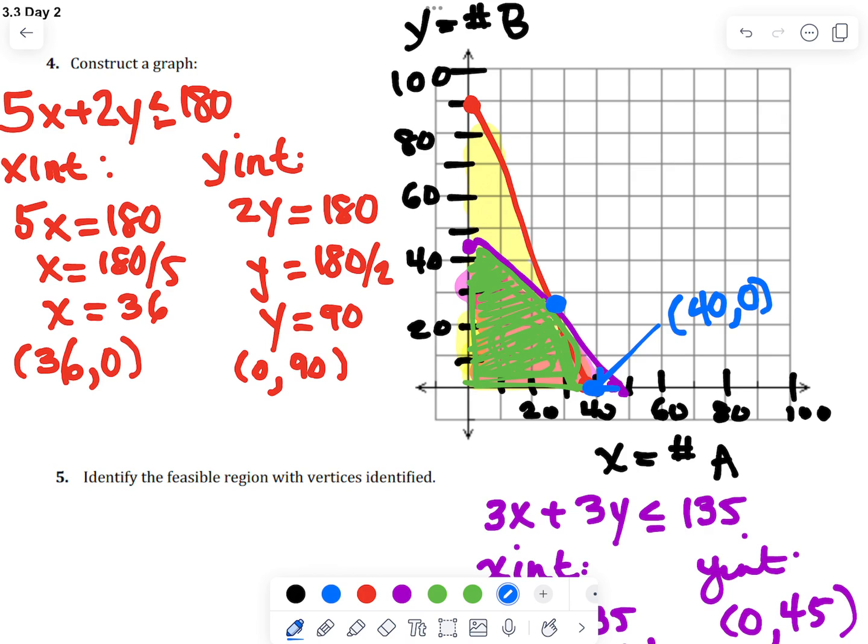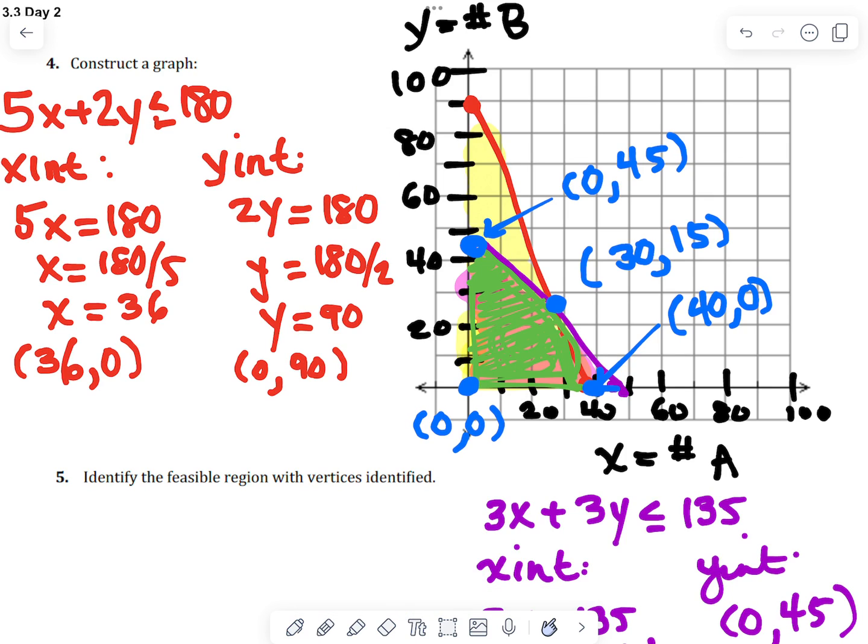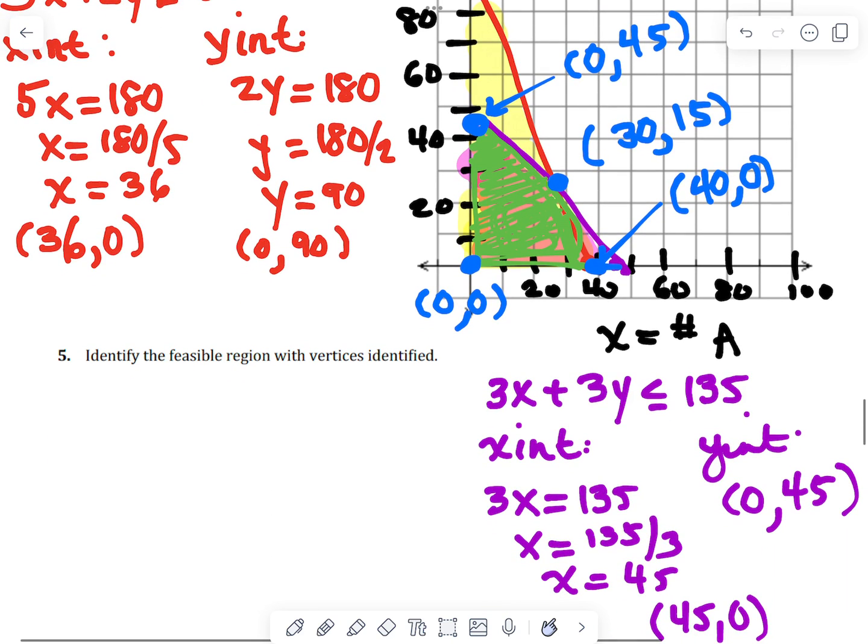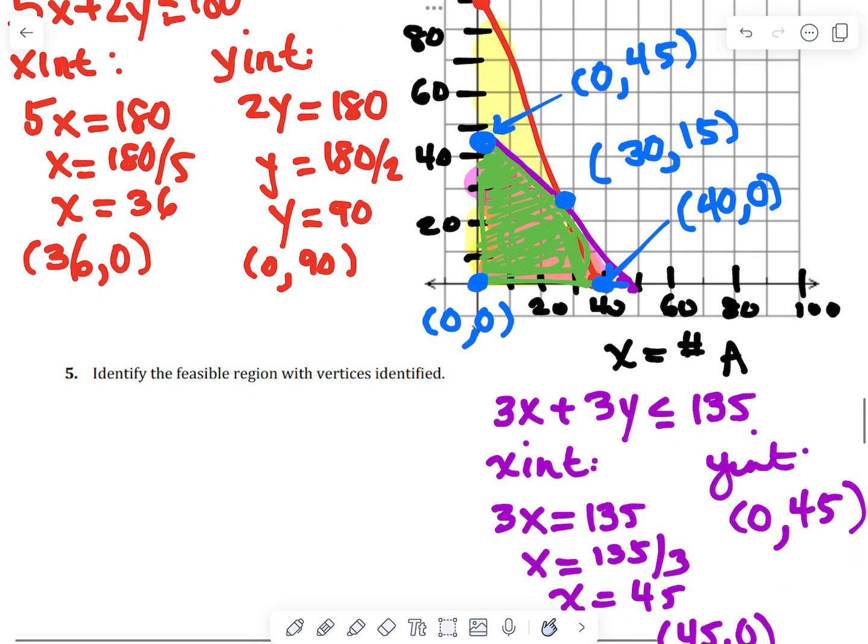Then these two lines intersect at 30, 15. Then we have this one up here, 0, 45. And then down here at 0, 0. So those are your 4 ordered pairs for your feasible region.